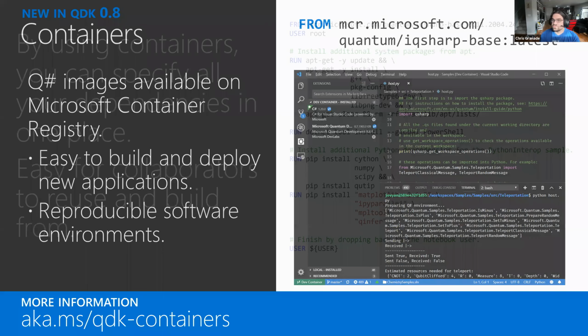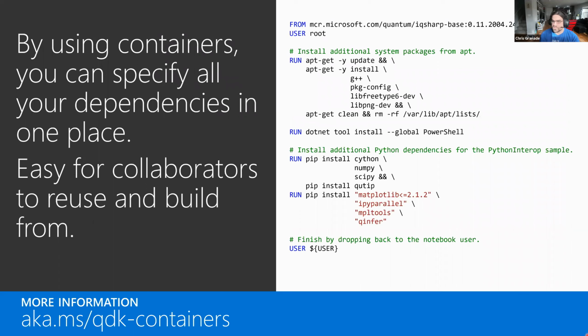So when you use a container like that, it gives you one place where you can specify your dependencies, and it makes it really easy for collaborators and readers to reuse and build on. This is an example from the samples where we say start from IQ# as provided with the Quantum Development Kit, install some extra Linux packages that you may need, install some extra .NET stuff, install some extra Python packages like QuTiP and QInfer, and then you can drop back down to user.